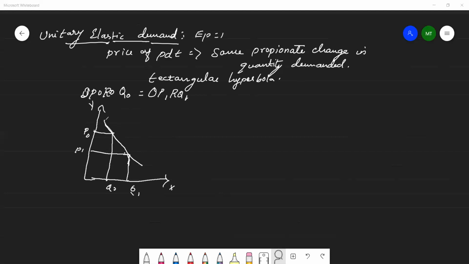வந்து இது வரும், வளைஞ்சு அது வரும். So it's a D curve. இது வந்து நமக்கு R0, R1. EP is equal to 1. So it's the price, the quantity demanded.